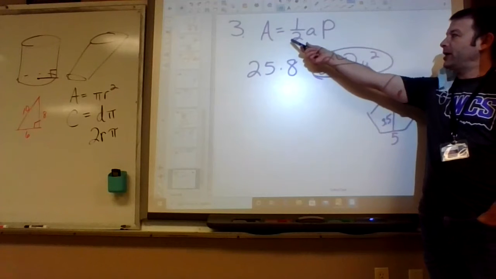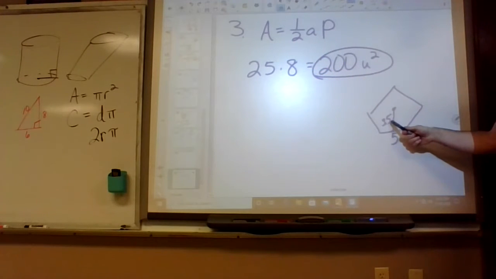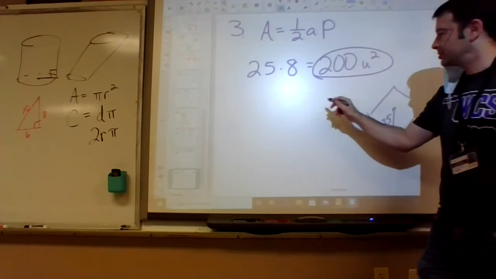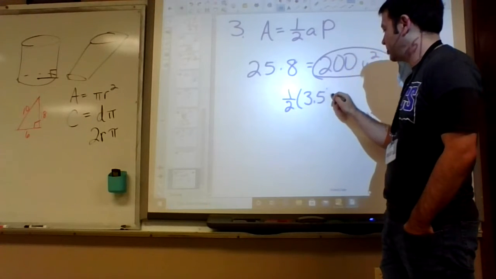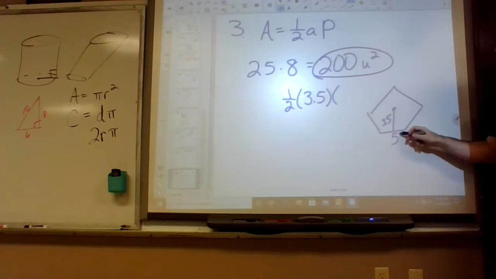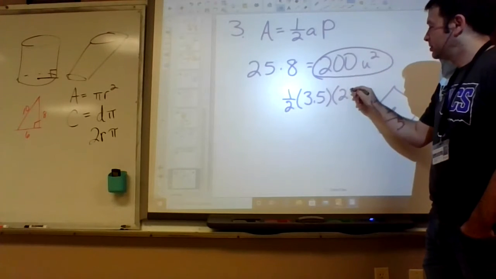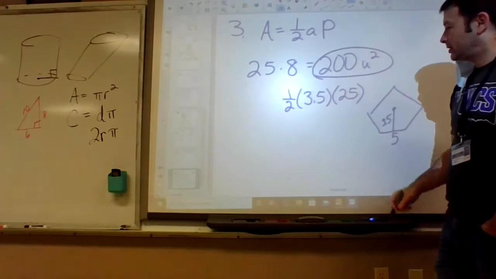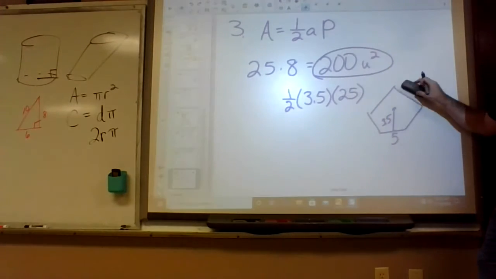So remember, area of a regular polygon is 1/2 times apothem times perimeter. So 1/2 times 3.5 times, what was the perimeter again? 25, we found it earlier, right? Okay, that will give us the area of the pentagon.